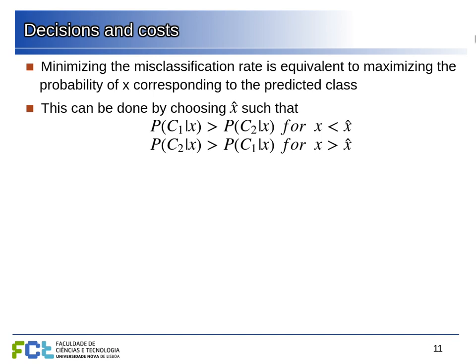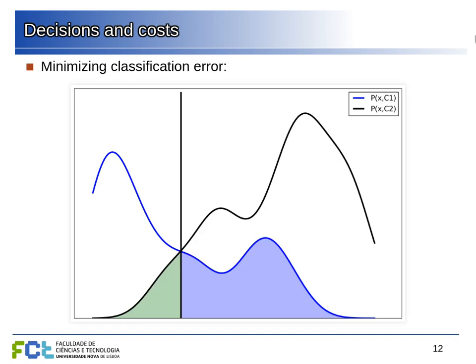For x below this discriminant, the probability of being in class 1 is higher than being in class 2, and vice versa. If we look at this graphically, we will draw the line here. On this side it's class 1 because it has the highest probability, and on this side it will be class 2.